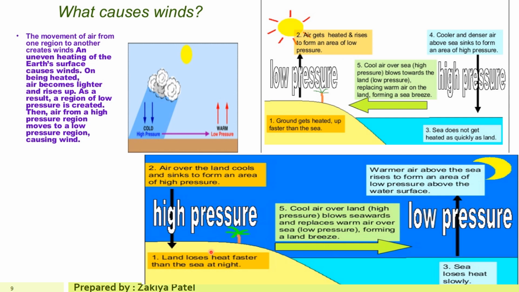So here, in the comparison of ground and sea, what happens during night time, as we know that air moves from high pressure to low pressure? So here high pressure is above the ground. So the cool air from the land blows towards the sea.